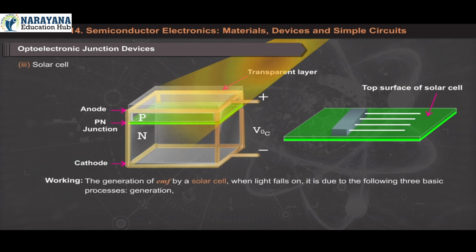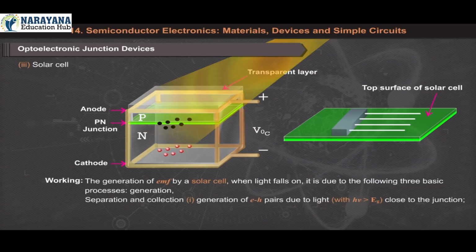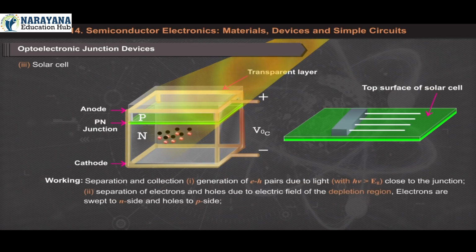Working. The generation of electromotive force by a solar cell when light falls on it is due to the following three basic processes: generation, separation and collection. Number 1. Generation of EH pairs due to light with hν greater than Eg, close to the junction. Number 2. Separation of electrons and holes due to electric field of the depletion region.